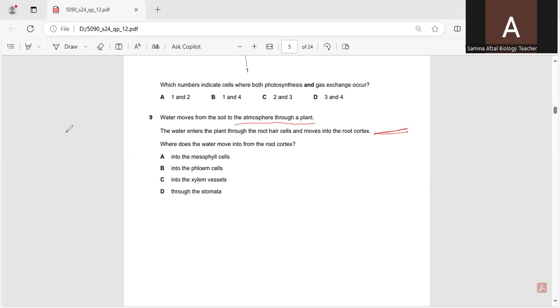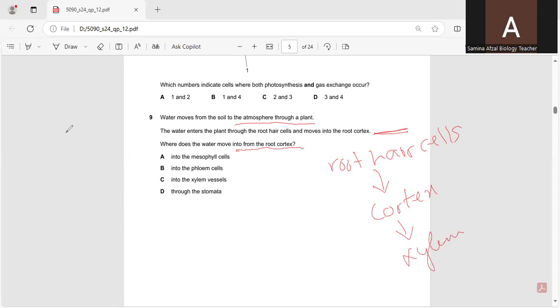Where does the water move into from the root cortex? From the root hair cells to the cortex, and from the cortex, it should move towards the xylem.